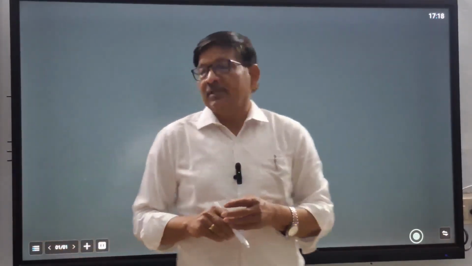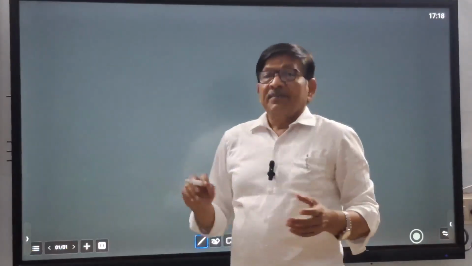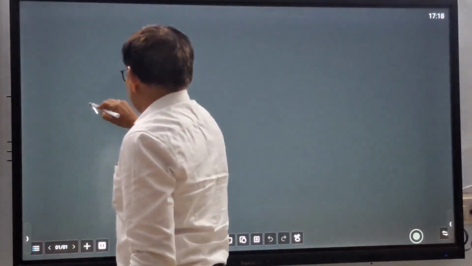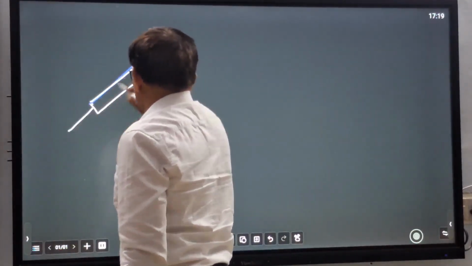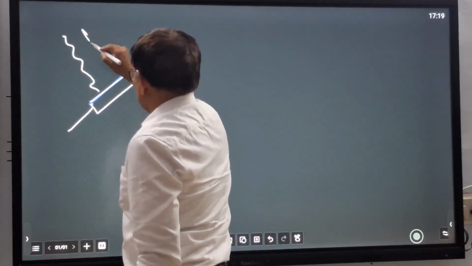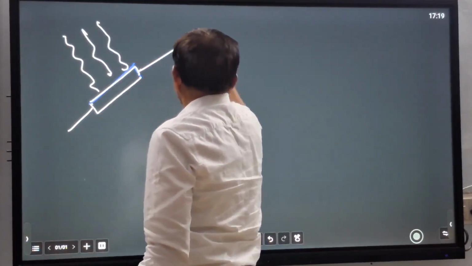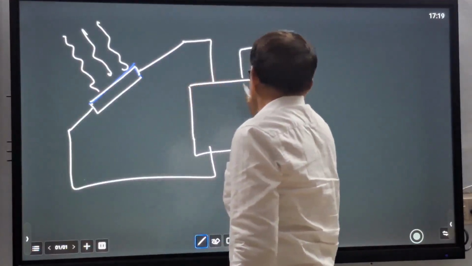So first we see what kind of energy storage systems are required. Depending upon usage, if you draw a schematic diagram, this is a collector system, and we get energy from here. We get solar radiation, we transform it and store it here, and simultaneously we can use it.